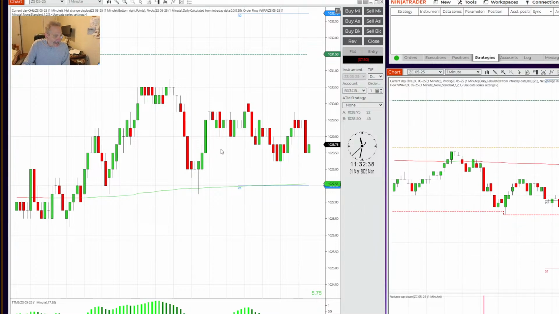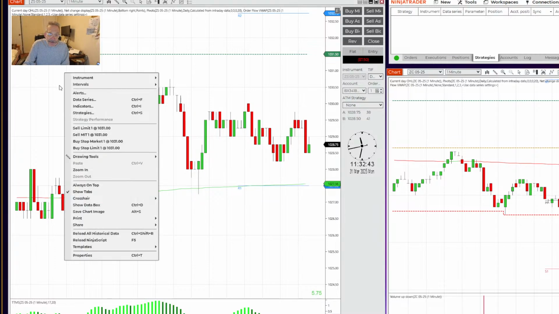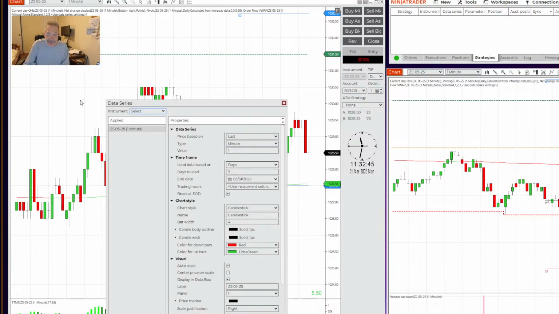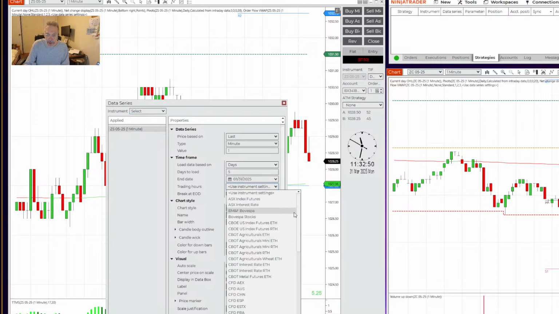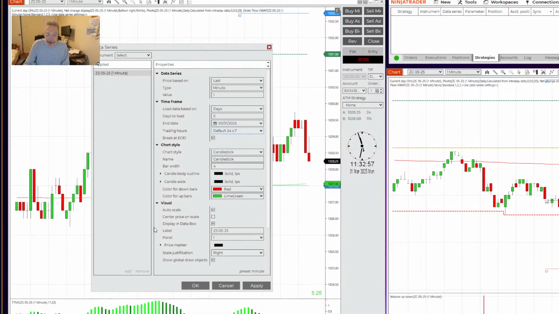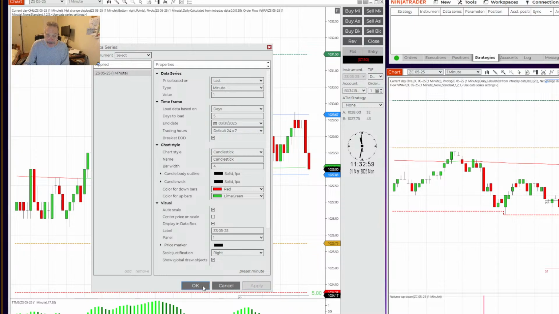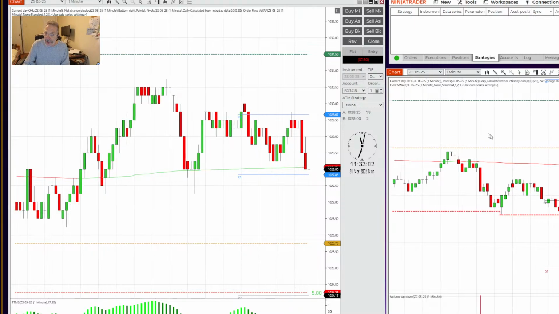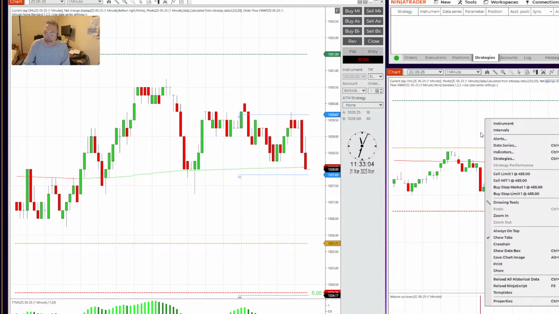So to look for data series, you just right-click the chart, click on data series, and then trading hours, go to 24, default 24/7. What that does is it sets up the grain charts, then you apply it and OK it. It sets up the grain charts so that the pivots and your VWAP and your timed indicators are set for the correct market open and closes of the grain markets.